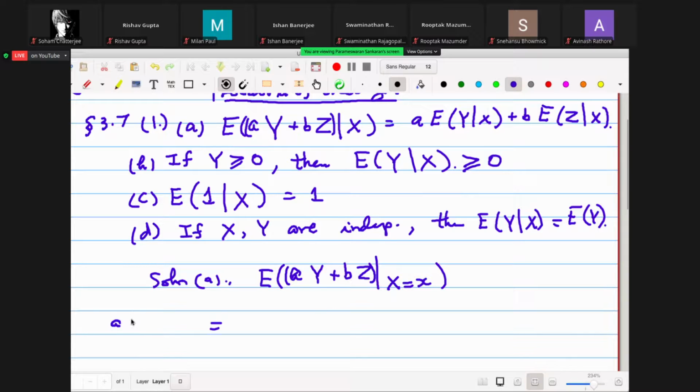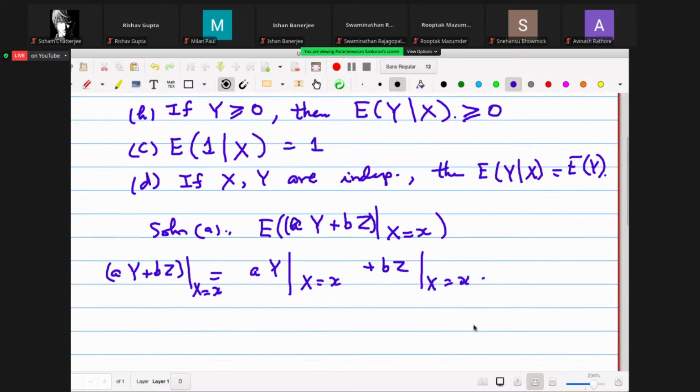So ay plus bz, given that X equals x, is the same thing as ay given X equals x plus bz given that X equals x.